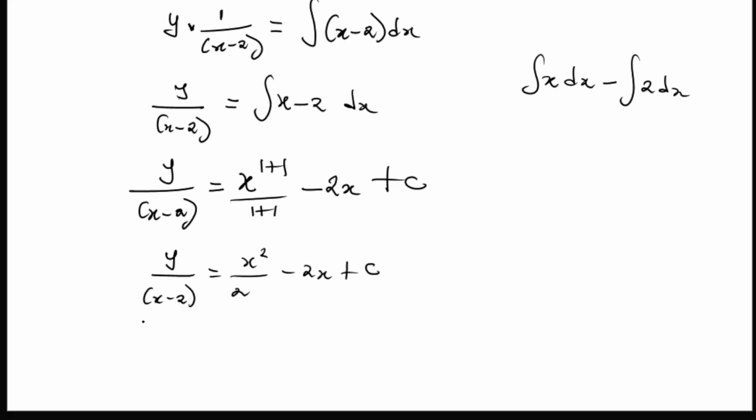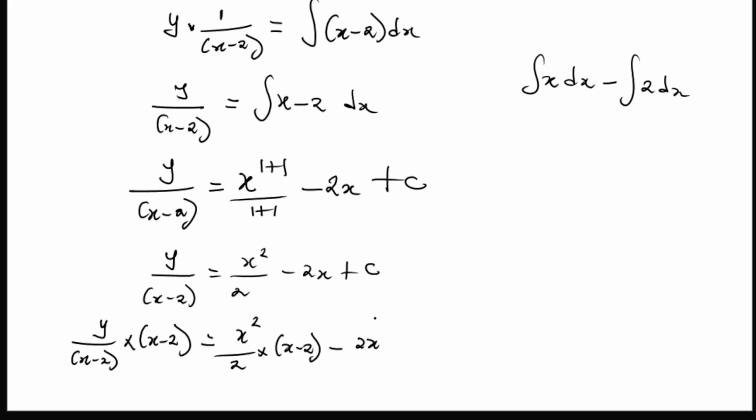So basically, you are multiplying this equation with x minus 2. So you have y divided by x minus 2 multiplied by x minus 2, and you're multiplying x minus 2 throughout your equation. This will simply be x squared divided by 2 multiplied by x minus 2, minus 2x times x minus 2, and we have plus c multiplied by x minus 2.